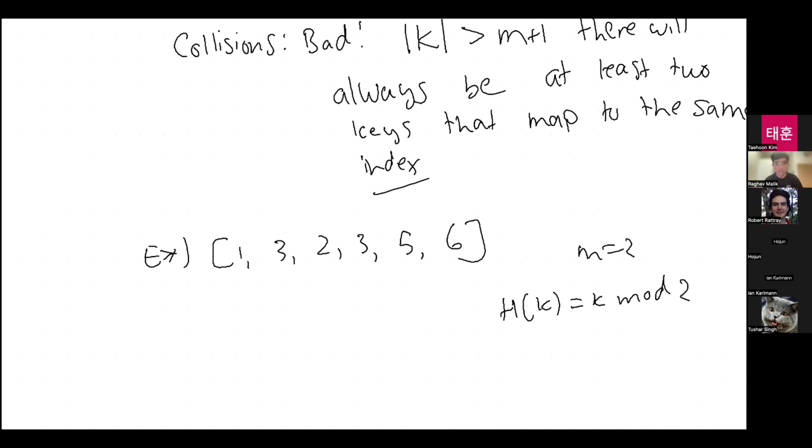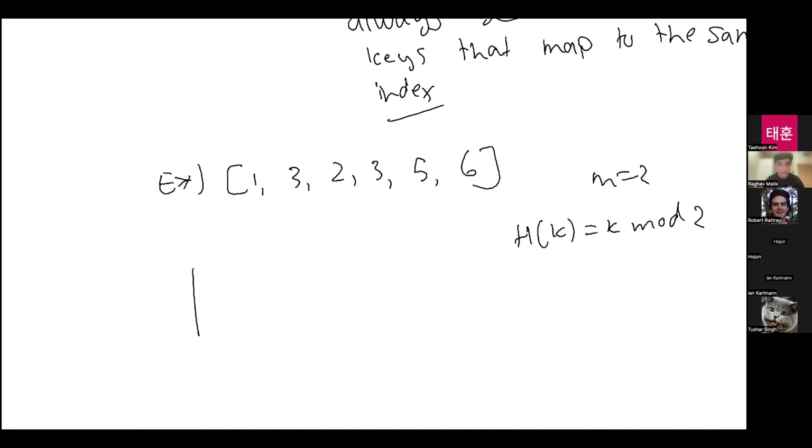So I've got a table with two slots in it, one that corresponds to 0, one that corresponds to 1. I look at 1, I insert it here. I look at 3, I go to insert it here, but oh no, there's already something in this position, right? So I mark this as repeated.